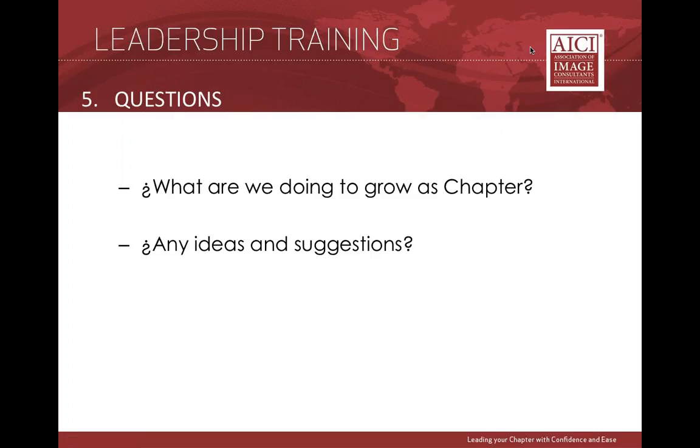Some similar things that we have done is we have our own new member welcome package for the new members. One is we give them support like a cash voucher for them to redeem for their first chapter event, so they can enjoy slightly lower fees.